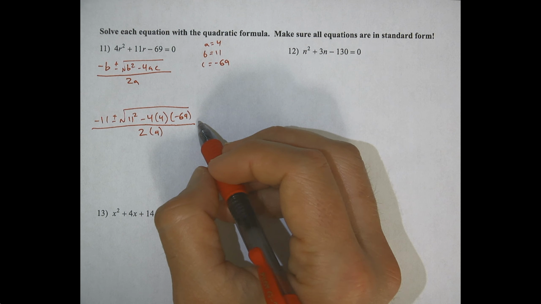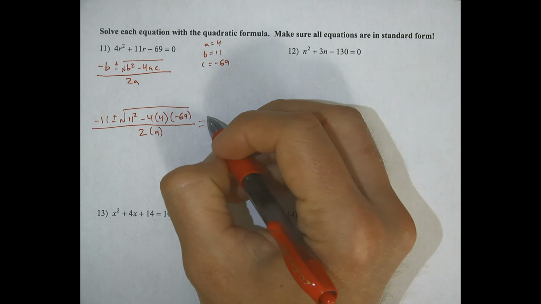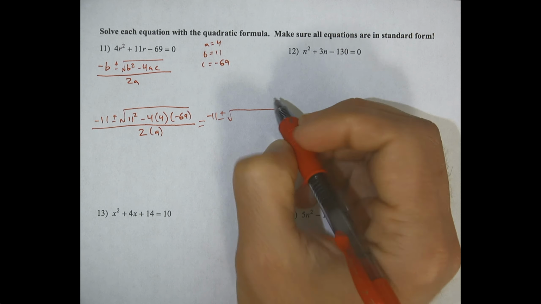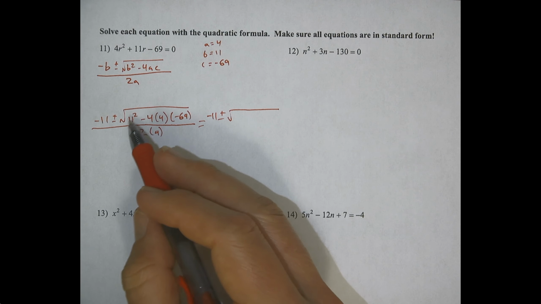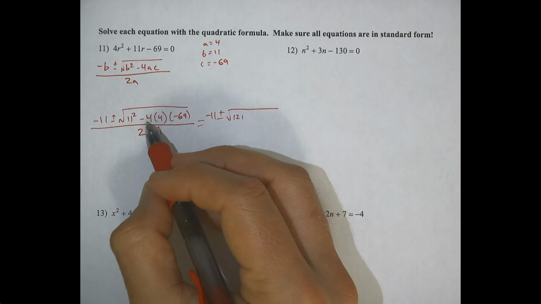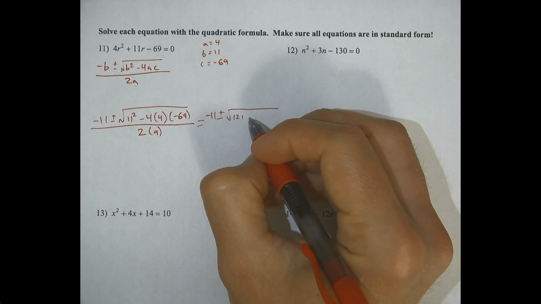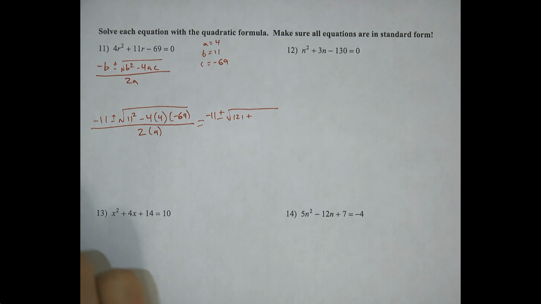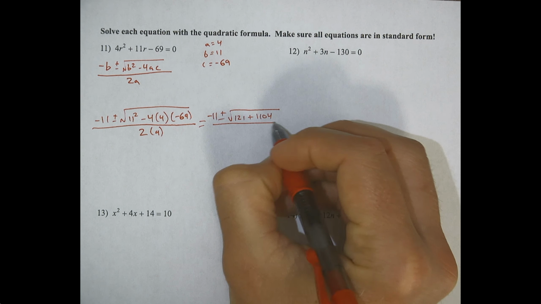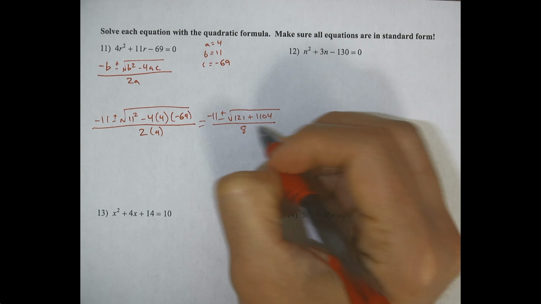All right, I'm going to move sideways here. So negative 11 plus or minus. Let's solve for the discriminant now. So I'm going to have 121, which is 11 squared. As I look, I have a negative, positive, negative. This is going to become a plus. So 4 times 69, 1104, over 2 times 4 is 8.